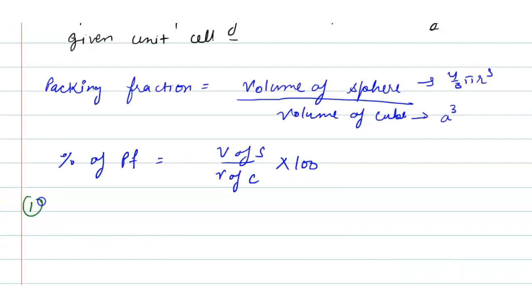Now first we will discuss the percentage of packing fraction in the simple cubic unit cell. So you know that in the simple cubic unit cell the total number of atoms is equal to 1.